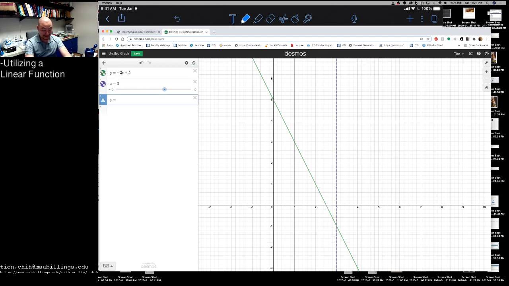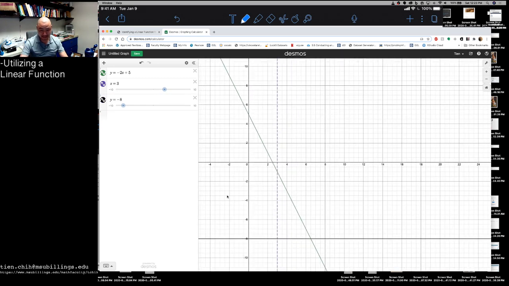Let's go ahead and follow up. When y is negative 8, what's x? So this is a similar deal to before. When y is negative 8, it looks like our x value is 6.5.